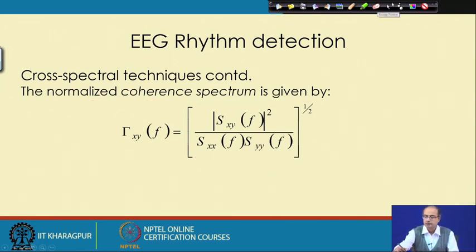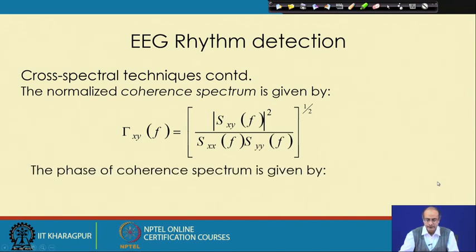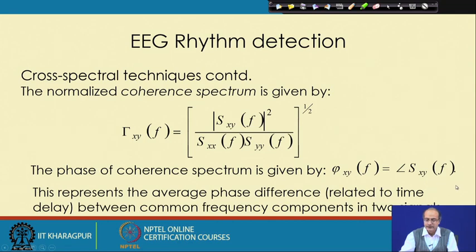In the same way, we can look at the phase of the coherent spectrum, which is given by the phase of SXY, and it tells us the average phase difference between the two signals x and y.